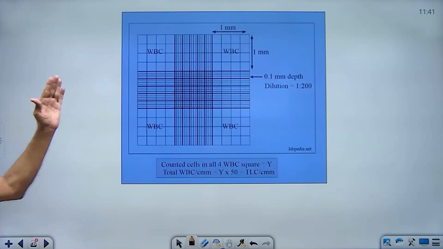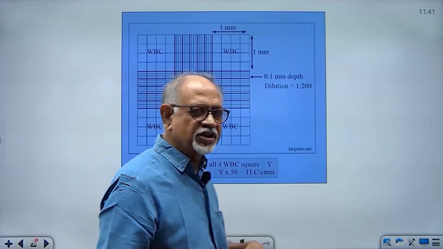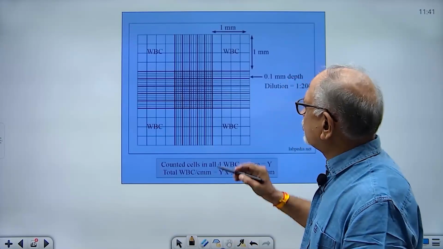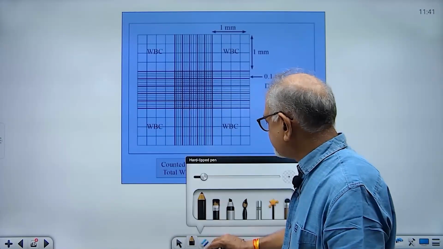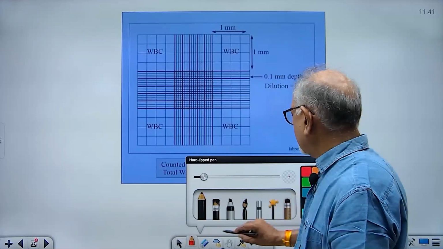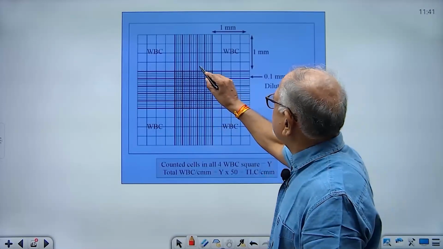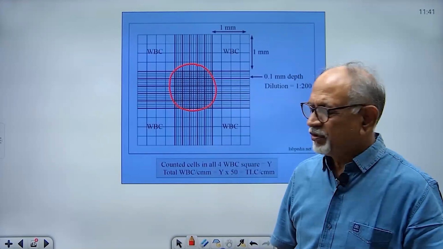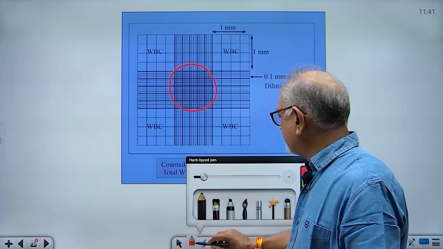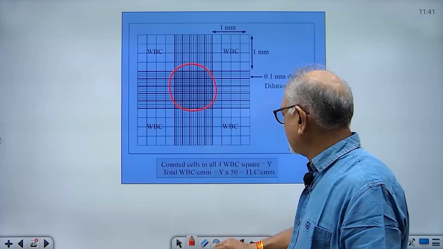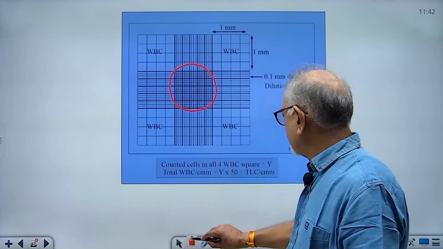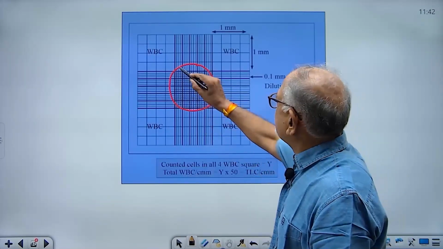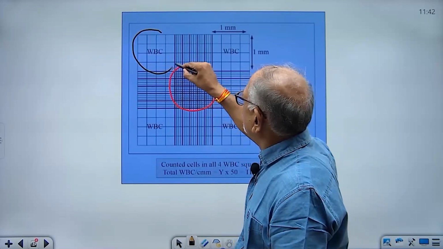Here you can see the same counting chamber which was used for counting of RBC. The counting of RBC is done in this portion, whereas the counting of WBC is done in these 4 corners.